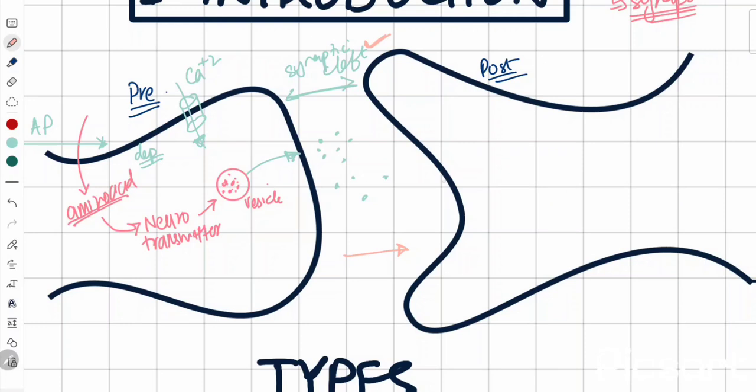Okay, and so what's next is that this neurotransmitter is going to stimulate a receptor on the postsynaptic membrane, and that is going to cause depolarization via sodium channel opening in this neuron. So now this neuron is going to get depolarized.